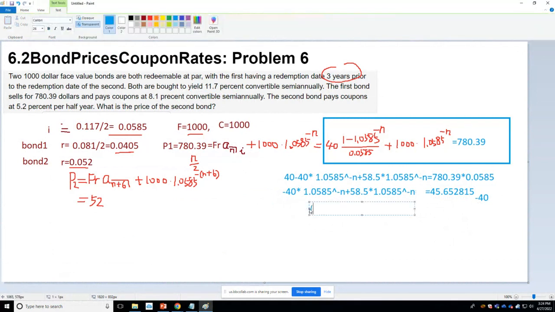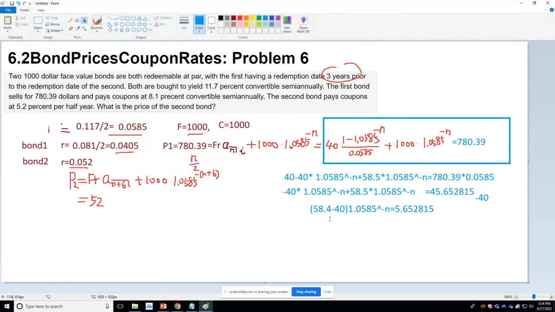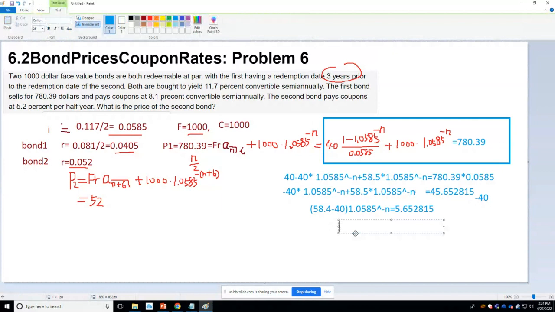What's left in the parentheses is 58.5 minus 40, and outside we have 1.0585 to the power of negative n, which is equal to 5.652815. So 58.5 minus 40 is 18.4.